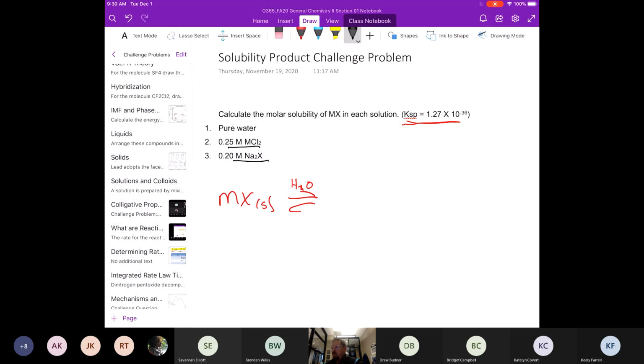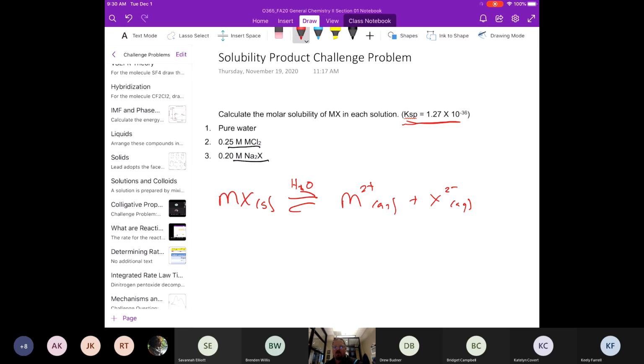The metal is bound to 2 chlorines, each of the chlorines is a -1, so it must be a 2+. So this is going to be a 2+ ion when it dissolves. And the same with the anion, this X, because it's combined with 2 sodiums, it's got to be a 2-.